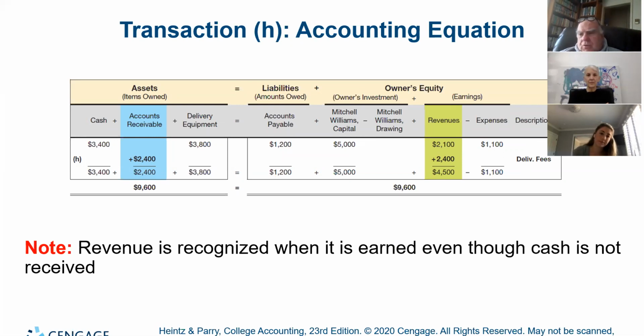We are teaching what's called accrual-based accounting. And that simply means that revenues and expenses are recorded at the time they are incurred. Has nothing to do with the cash. Accrual accounting is GAAP, generally accepted accounting principles.